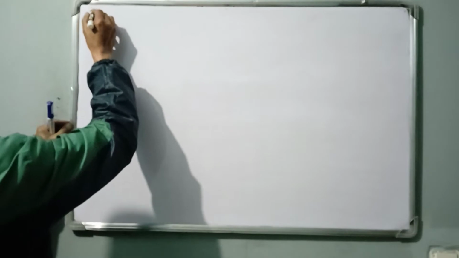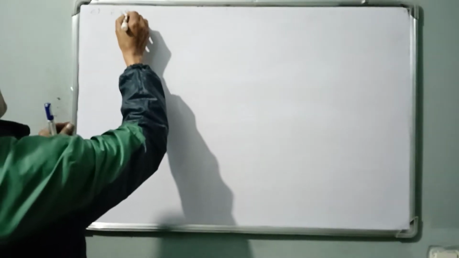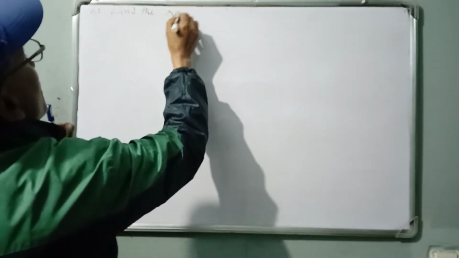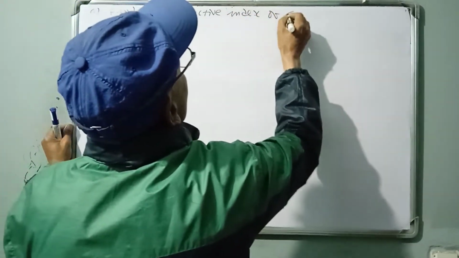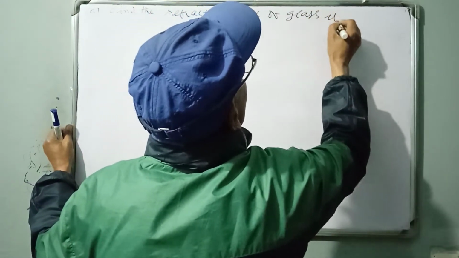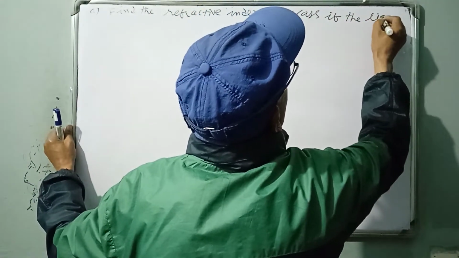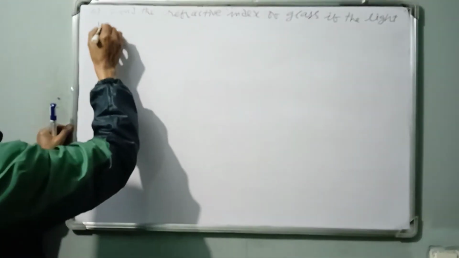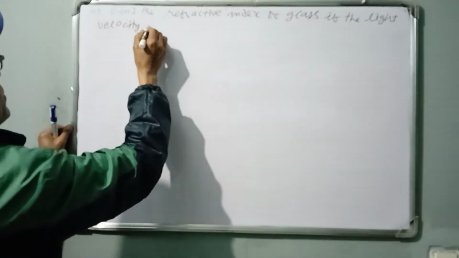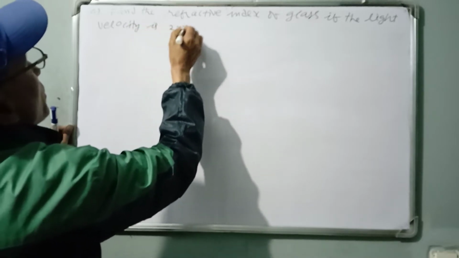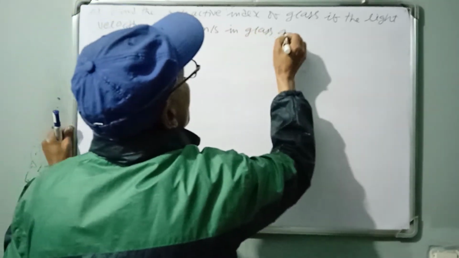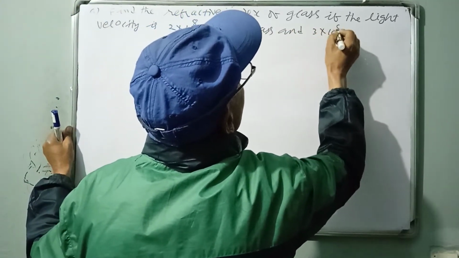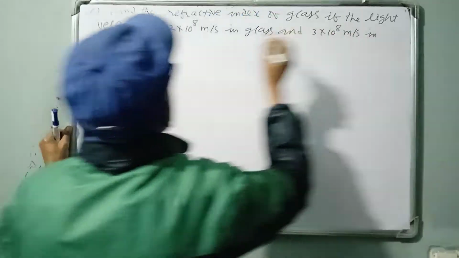Numerical question number A. Find the refractive index of glass if the light velocity is 2 into 10 to the power 8 meter per second in glass and 3 into 10 to the power 8 meter per second in vacuum.